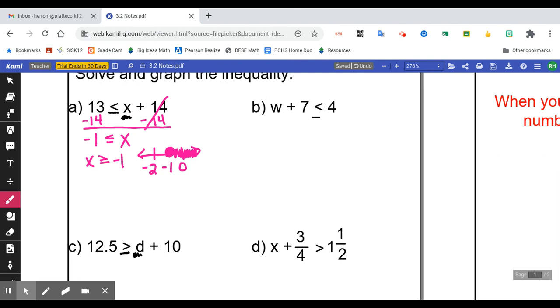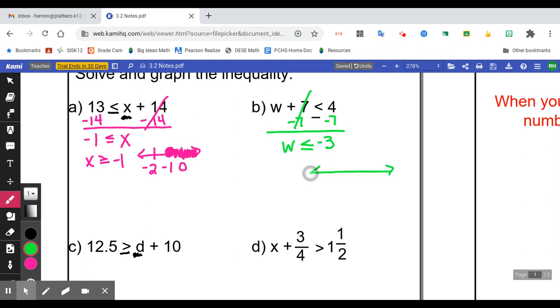Okay, let's go to the next one. We have w plus 7 is less than or equal to 4. So I have, do the opposite. We've got subtract 7 since it's being added. All right, w drops, less than or equal to drops, and 4 minus 7 would be -3.